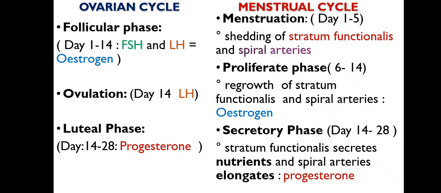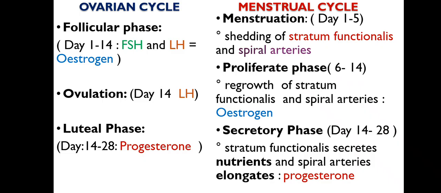So you must know, take this particular point: what promotes the growth of the endometrium lining, or the proliferative phase, is what we call estrogen. Because as you are moving from day 6 to day 14, you are almost going to the ovulation.